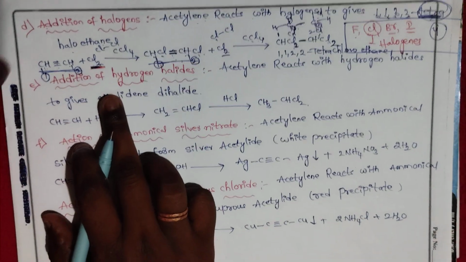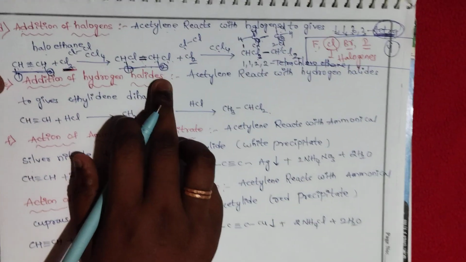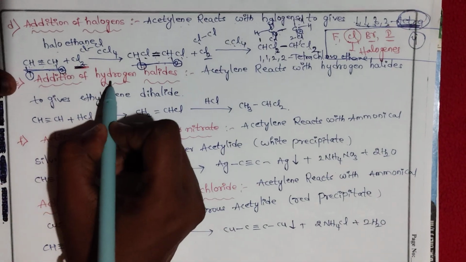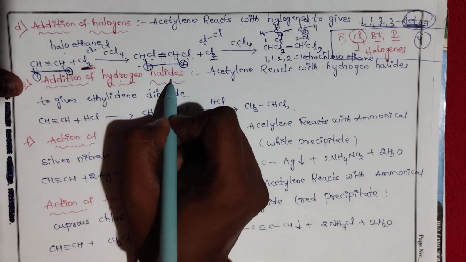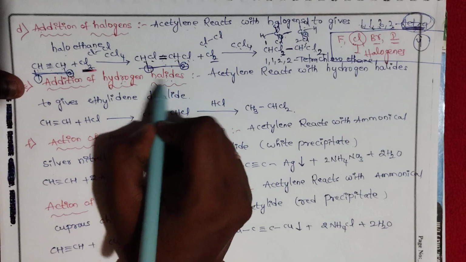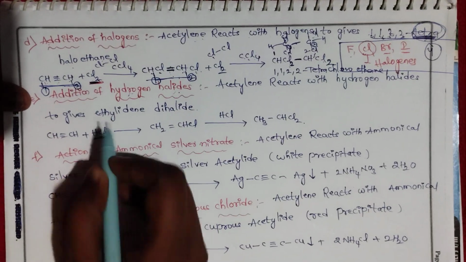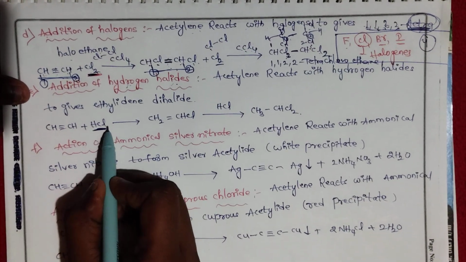And what is the next reaction? Addition of hydrogen halides. Hydrogen halides means hydrogen is present and a halogen is present. The best example of a hydrogen halide is HCl.